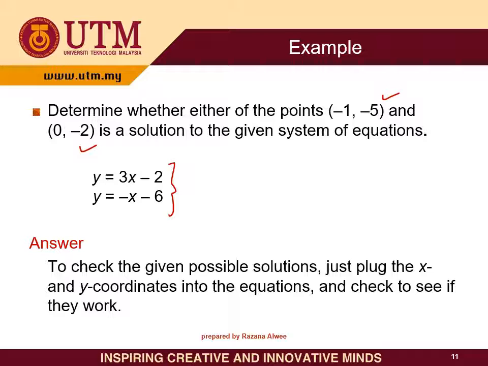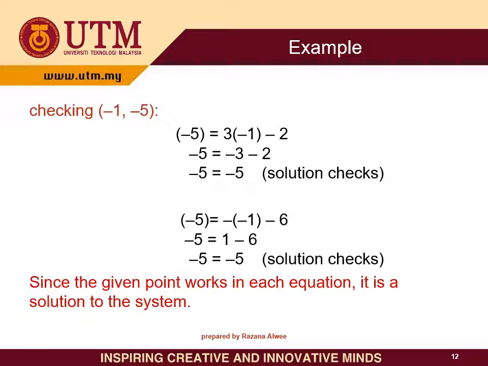Again, to answer this, you need to plug the x and y coordinates into the equations and check if they work. First, we check negative 1, negative 5. So y is negative 5, x is negative 1. When we do the calculation, it checks. It is the same, negative 5 and negative 5.